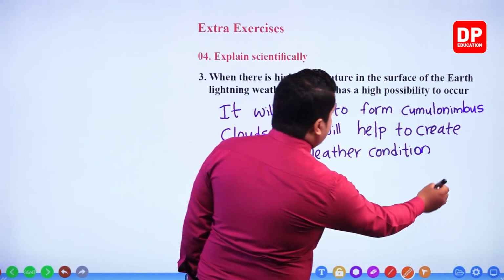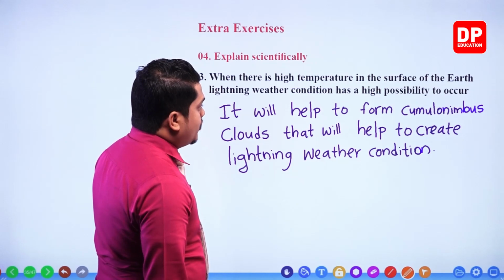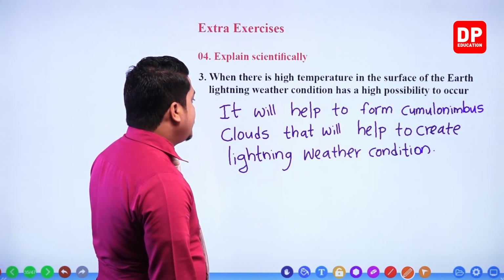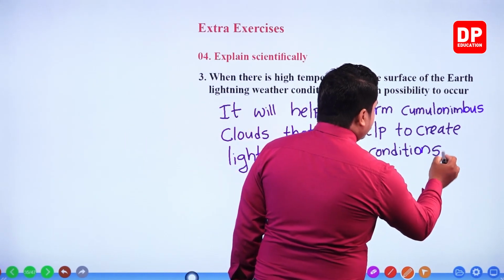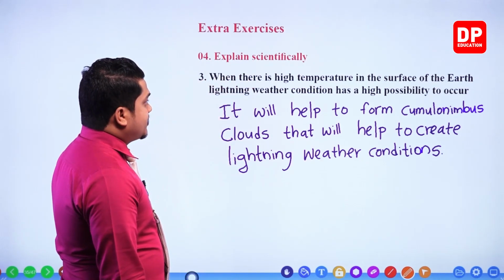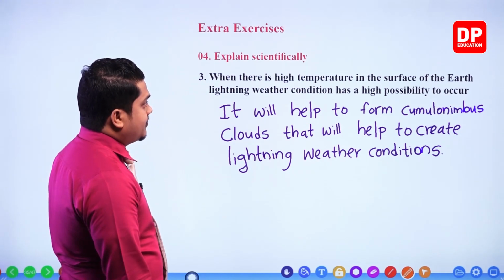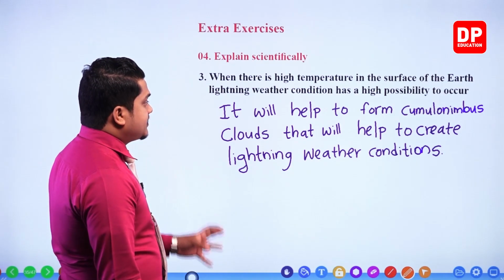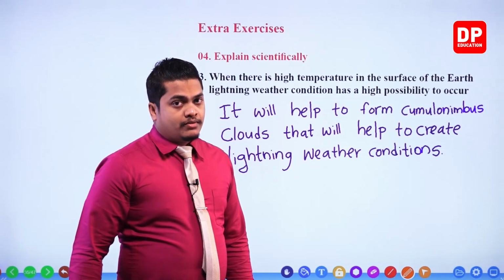Right? So this is the answer, my dear children. Okay. So this is why, when the surface temperature of the earth is going to increase, it has a greater probability of creation of cumulonimbus clouds.